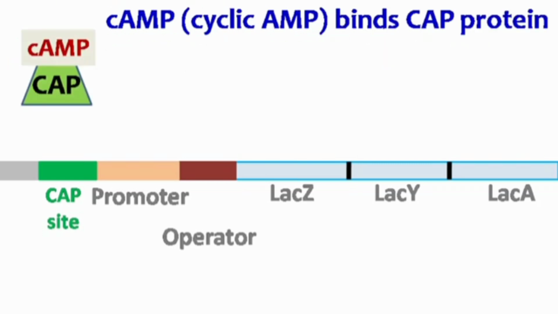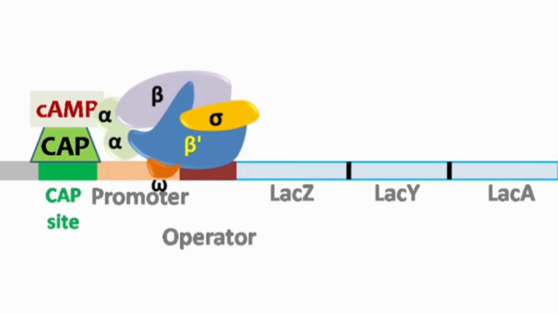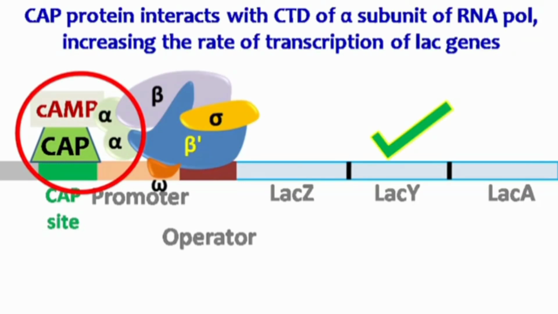The cAMP binds the CAP protein and activates it. The cAMP-CAP complex then binds to the CAP site and interacts with the C-terminal domain of the alpha subunit of the RNA polymerase enzyme. This increases the rate of transcription of LAC genes.